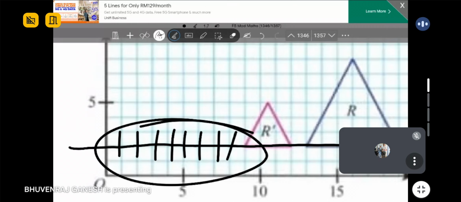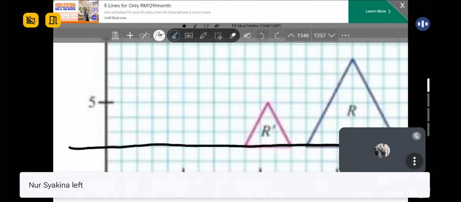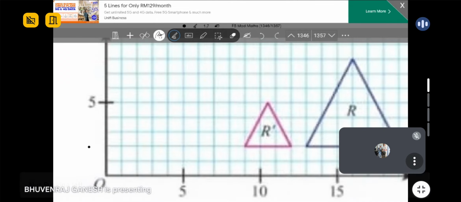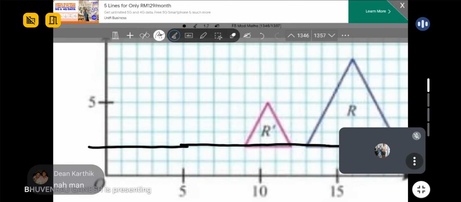Alright? But not all cases are like this. Must I show the lines? Yes. If you can see directly, better still. But guys, I ask you honestly, can you all see the center of enlargement directly without drawing any line?